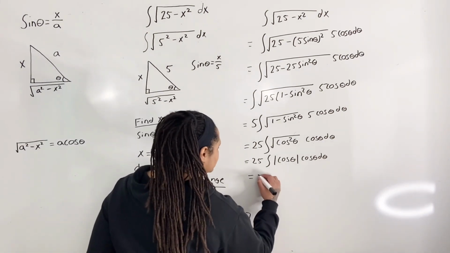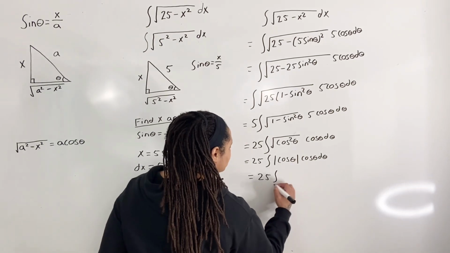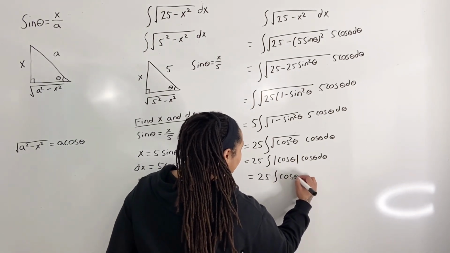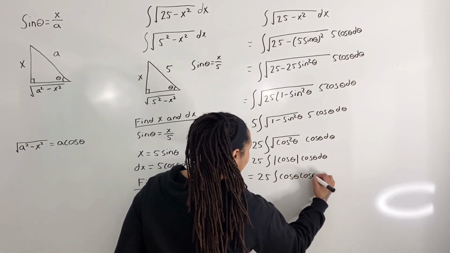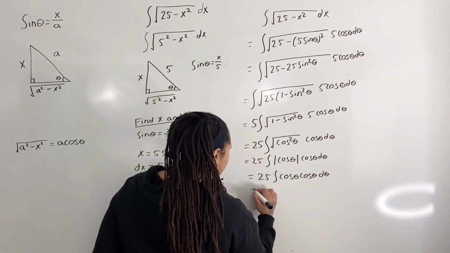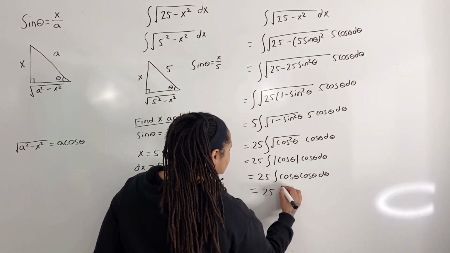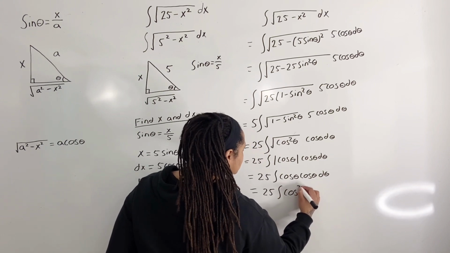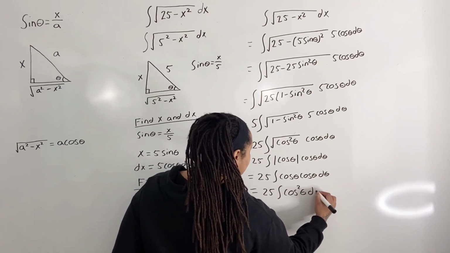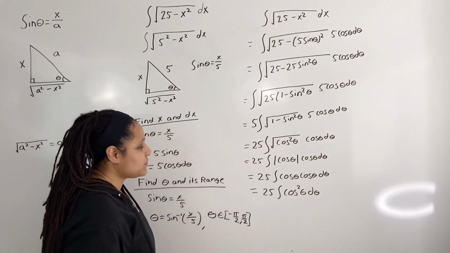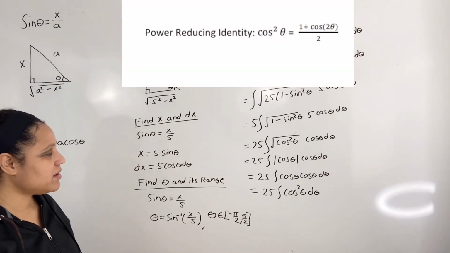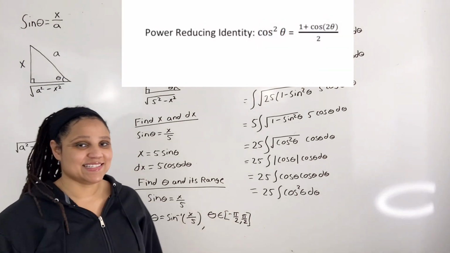So this is equal to 25 times the integral of cosine theta times another cosine theta d theta, which is equal to 25 times the integral of cosine squared of theta d theta. And so now we need to use the power reducing identity.